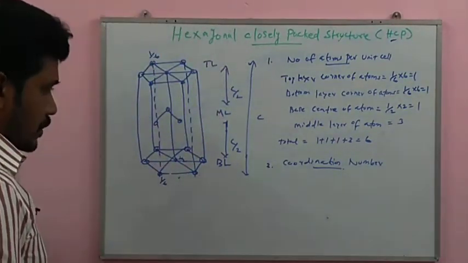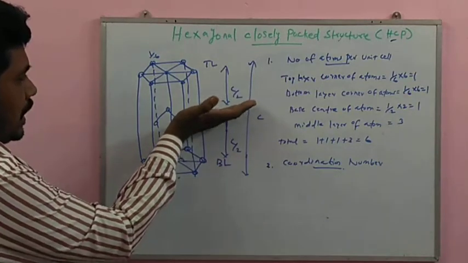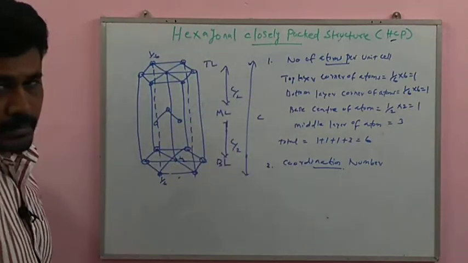In this case, for the coordination number, the calculation is categorized into the upper middle layer and the lower middle layer. Understand?